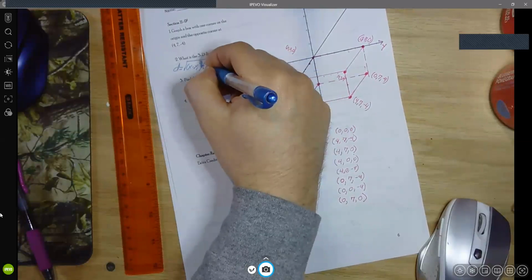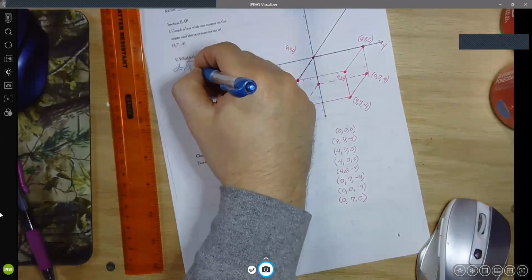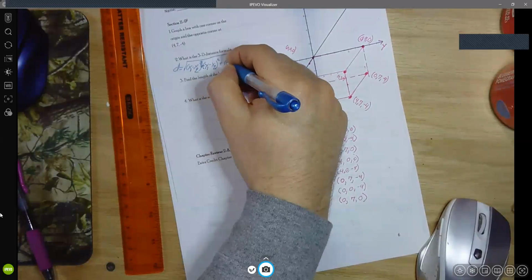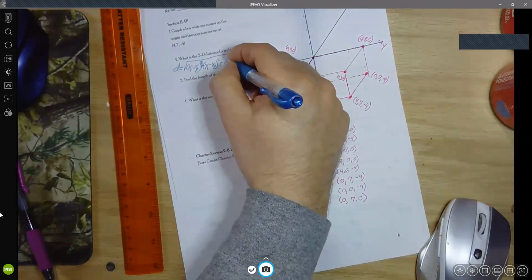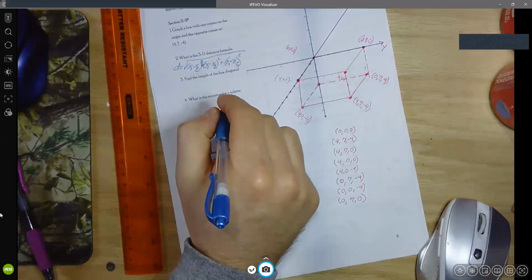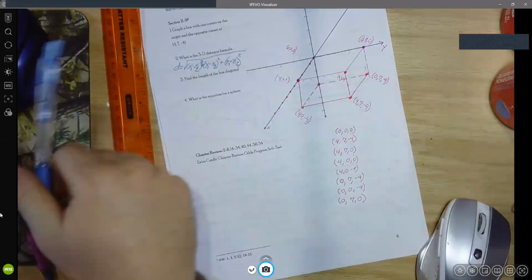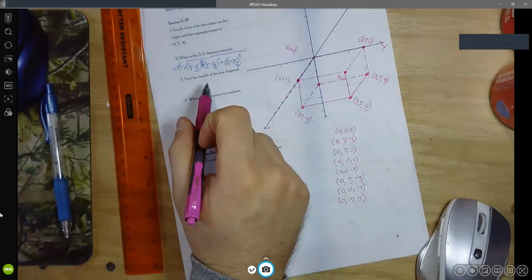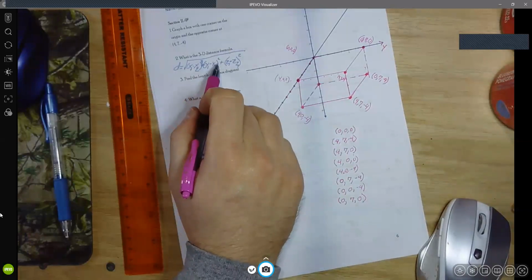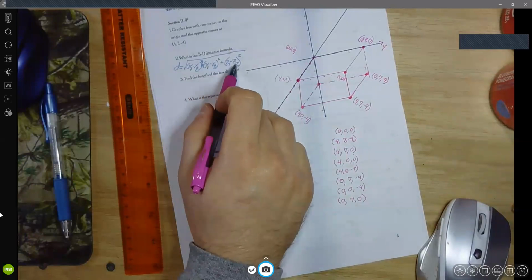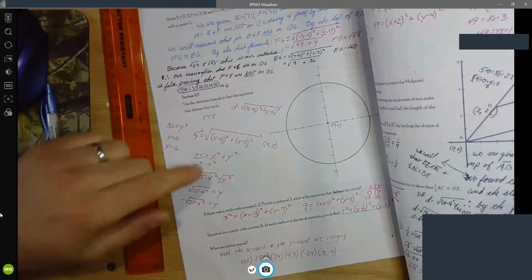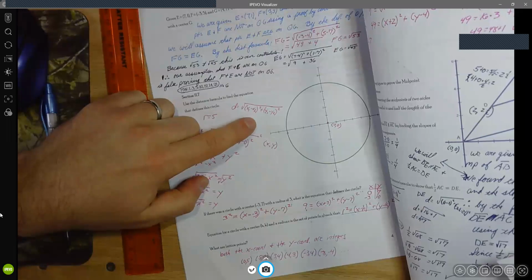Oh my goodness, terrible. x1 minus x2, y1 minus y2, z1 minus z2 squared. I'm sorry. That's really messy: x1 minus x2 squared plus y1 minus y2 squared plus z1 minus z2 squared. All right, so that's just like when we did the distance formula in 2 dimensions, but now we add the z.